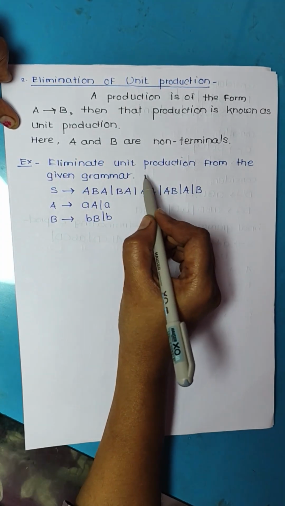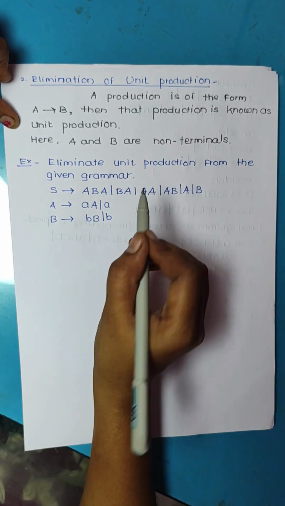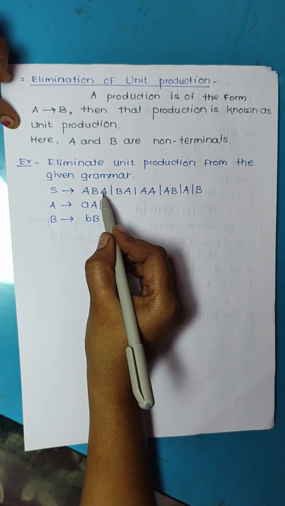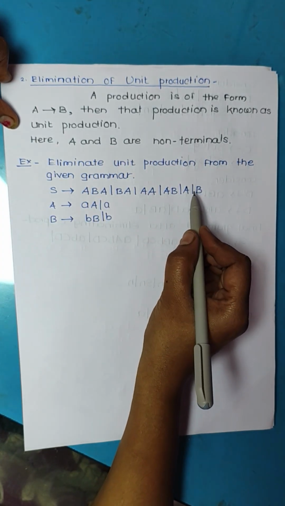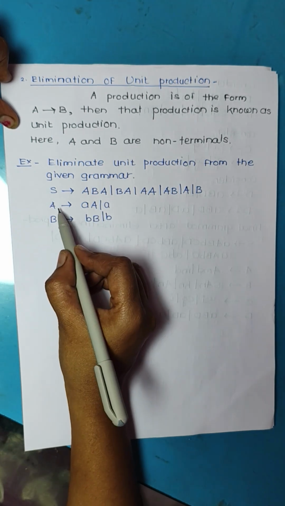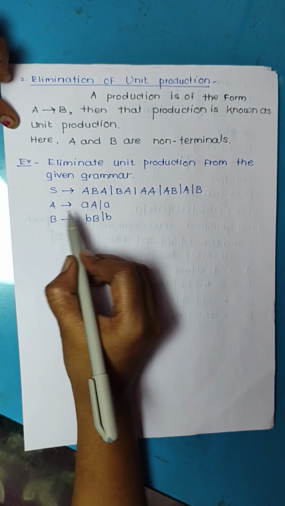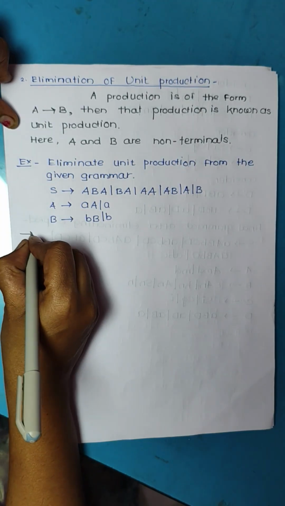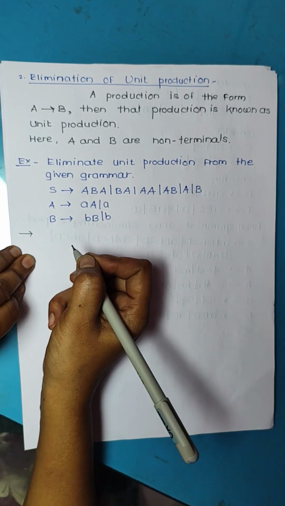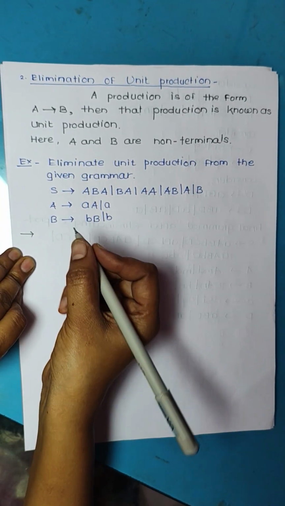Eliminate unit production from the following grammar. S gives ABA or BA or AA or AB or A or B. A gives AA or A, B gives BB or B. First of all, identify the unit productions.